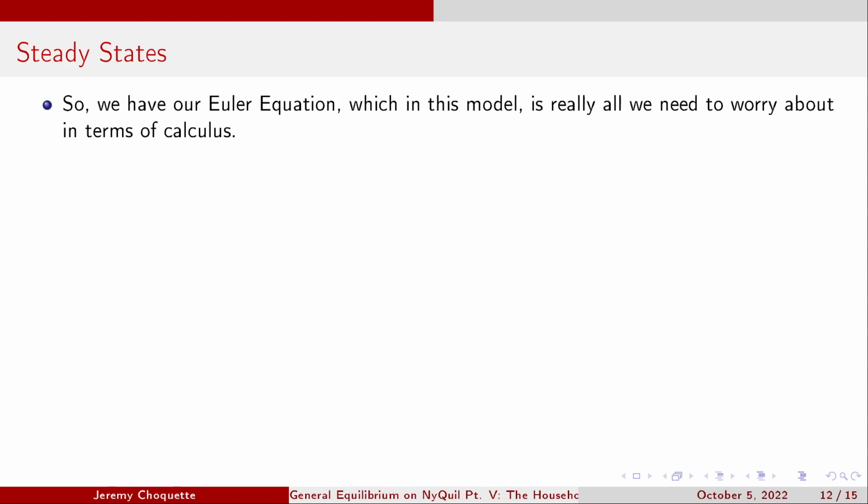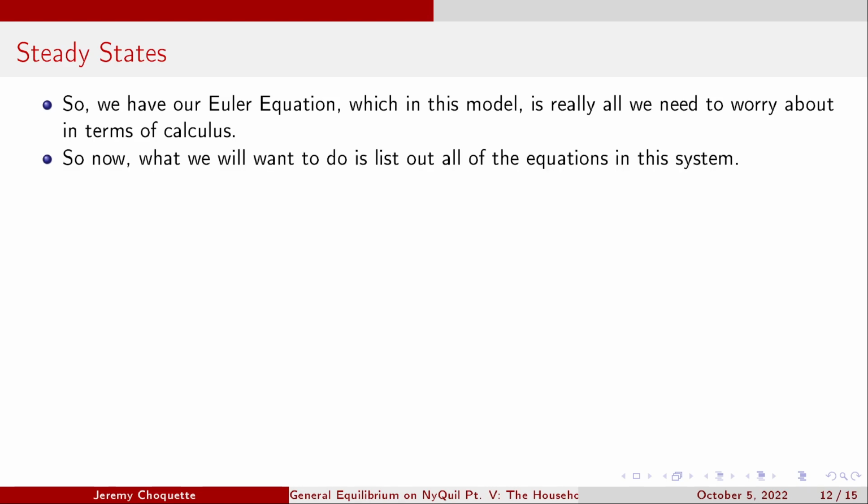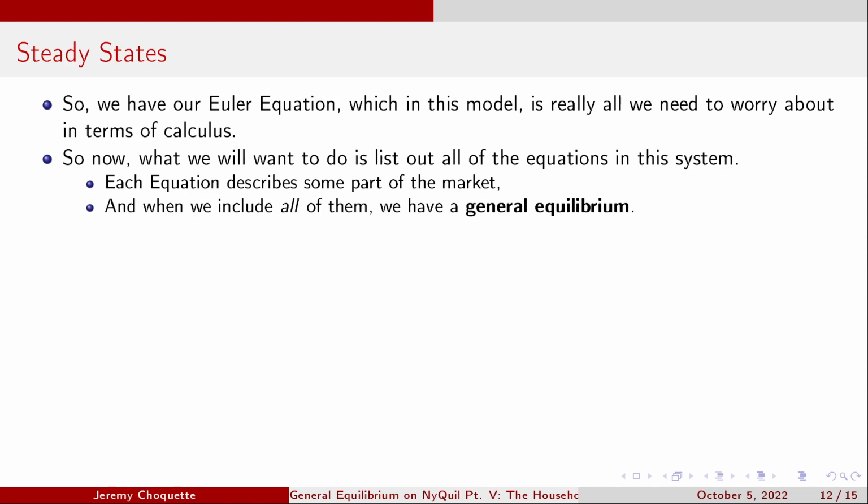So now that we've gotten our Euler equation, all we really need to do in terms of the calculus is taken care of. What we're going to want to do is list out all the equations in the system, because each equation here is going to be describing some part of the market. When we include all these little individual parts of the market, we have what's known as a general equilibrium.